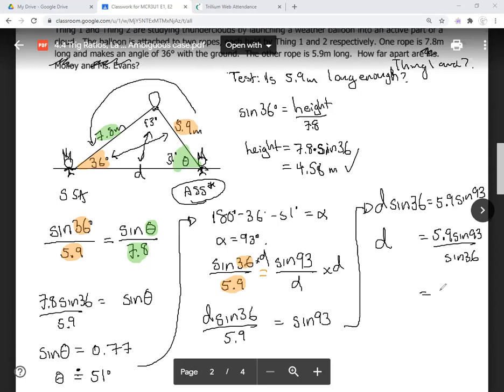And that you can plug into the calculator. Which happens to be about 10.02, approximately 10 meters. They're 10 meters apart.